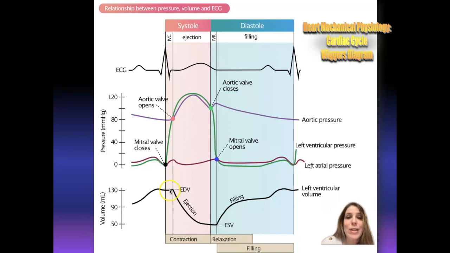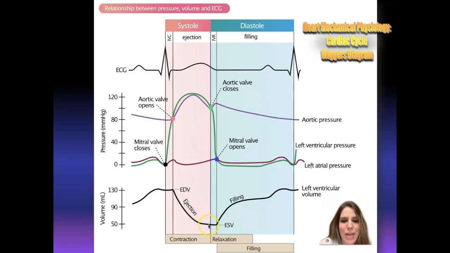Then during the second half of systole, where we're getting that ventricular ejection, we're ejecting the blood into the great vessels. It's going to very quickly lose the volume of blood from the ventricle and put it into the vessels, so we're getting a rapid decline in volume back down to our end systolic volume, right?